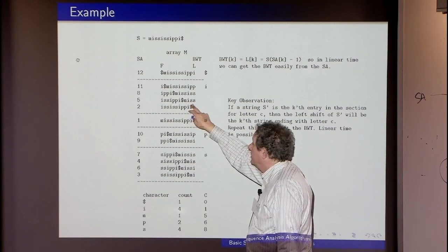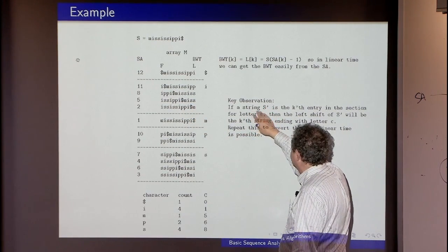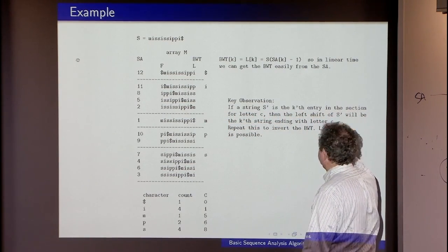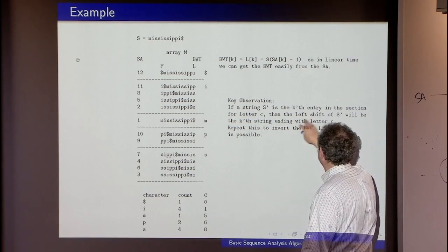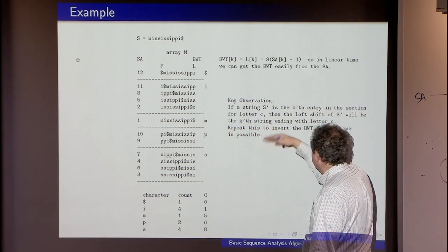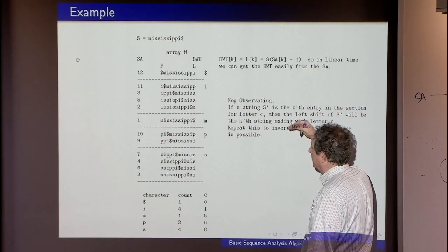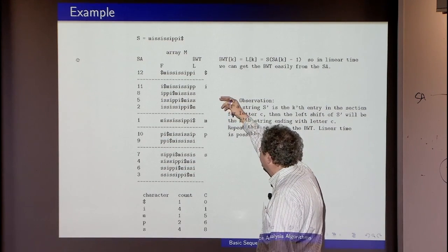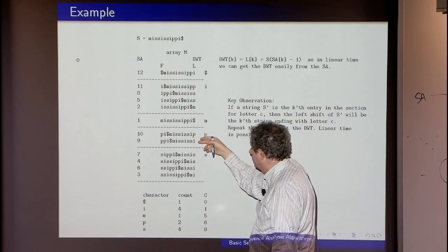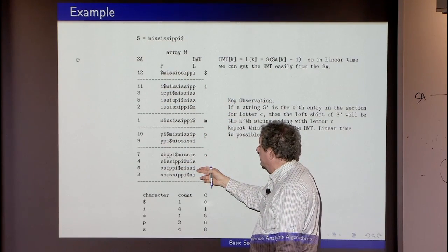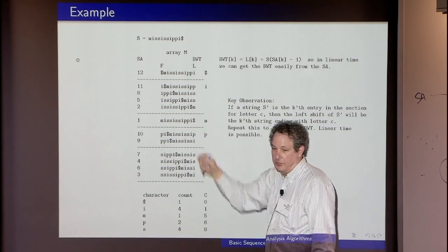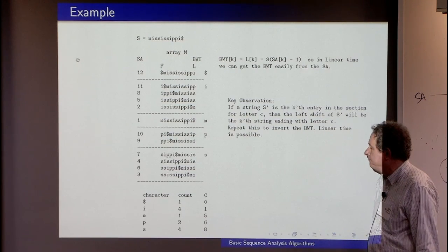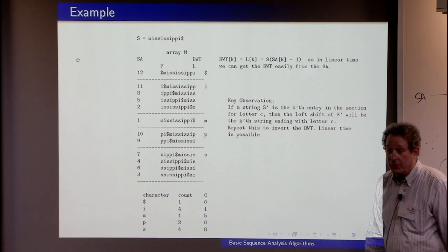This says if a string S prime, that's this one, is the kth, that's the third entry in the section for C, which is I, then the left shift of S prime will be the kth, third, ending with letter C, ending with letter I. So we have to find the third one that ends with letter I. 1, 2, 3. And yes, that is one shift over. So you just keep applying this observation, and you can read out what the original string is.